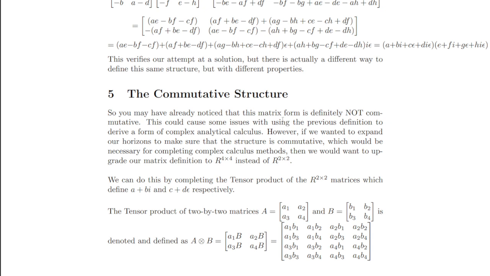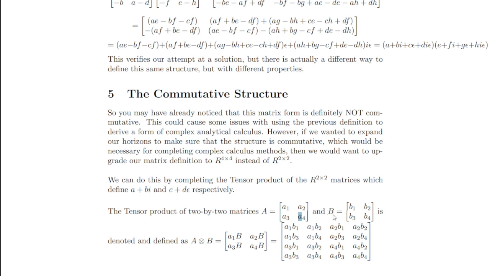So when we want to expand our horizons to make sure that the structure is commutative, like they would be in a natural calculus setting, we would want to upgrade our matrix definition to 4 by 4 instead of 2 by 2, which in this case, we can do by doing the tensor product of the 2 by 2 matrices, which define A plus BI and C plus D epsilon respectively. The tensor product of any two matrices is given by the following.